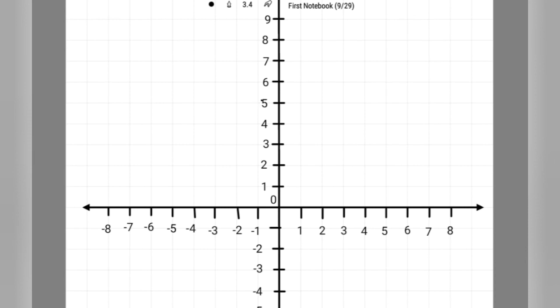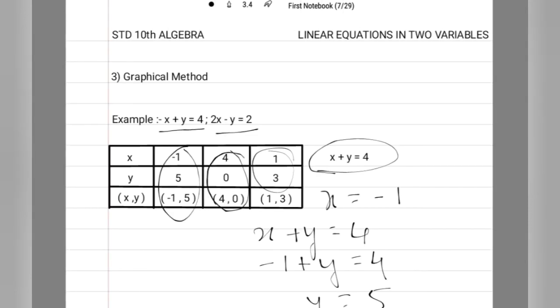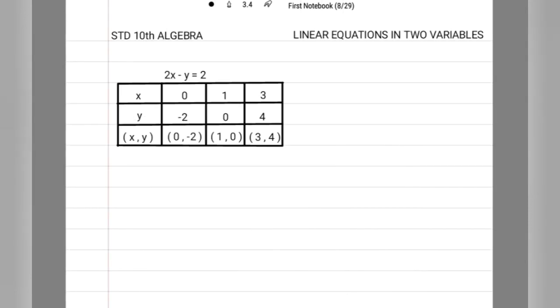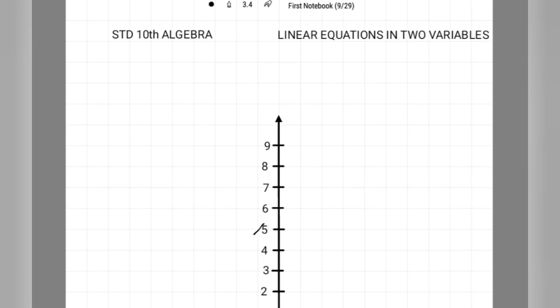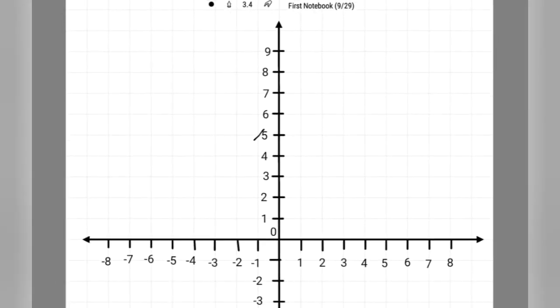So let me erase it and show you once again. So this is the point minus 1 and 5. The second point is 4 and 0. Here it is, on the x-axis, 4 and 0.